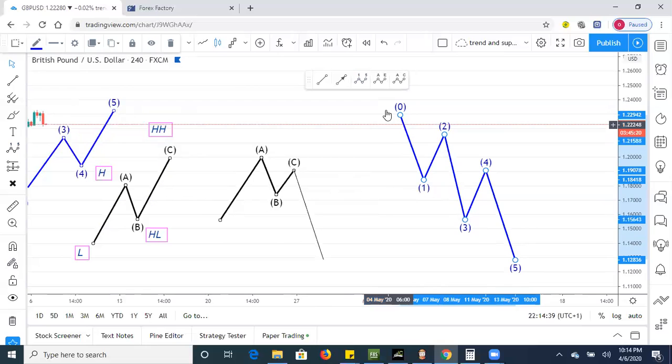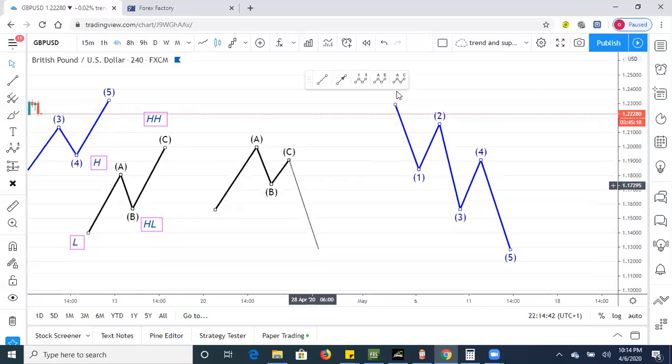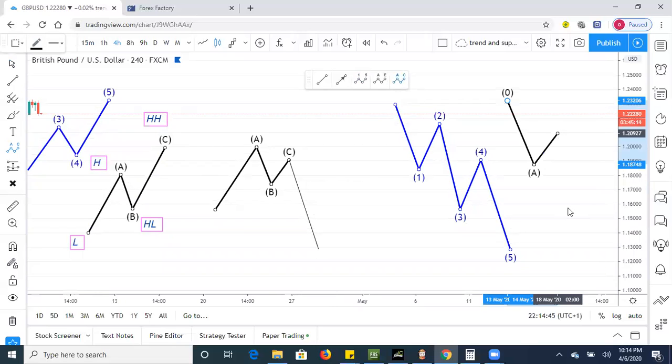So using our A to C, we'll say this is an established downtrend. Two highs and two lows. Then we say this is a downtrend until C takes out A, right?